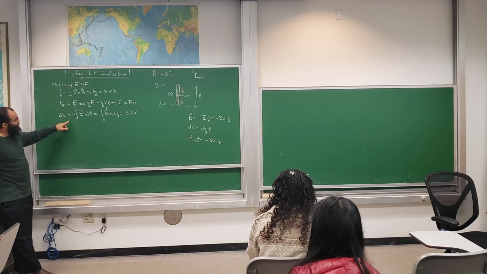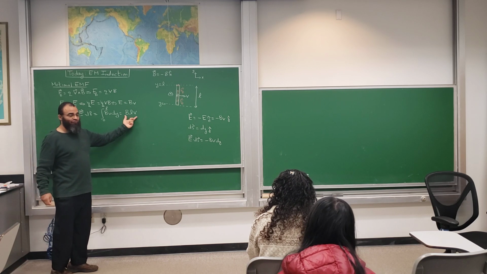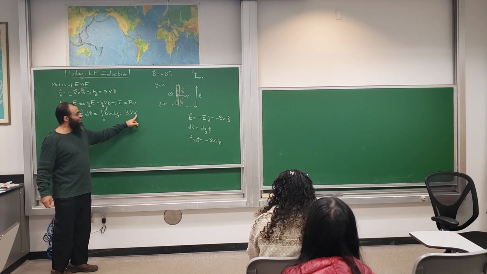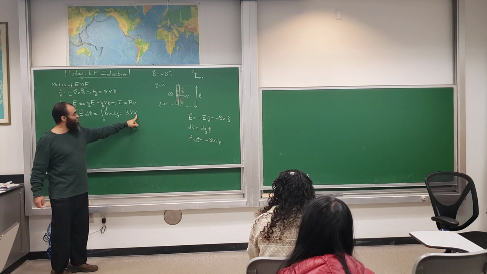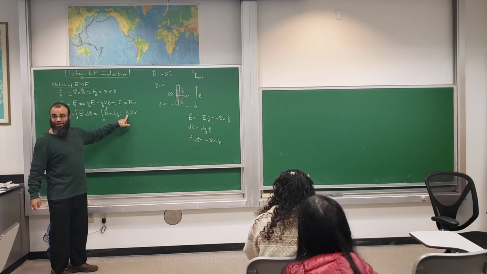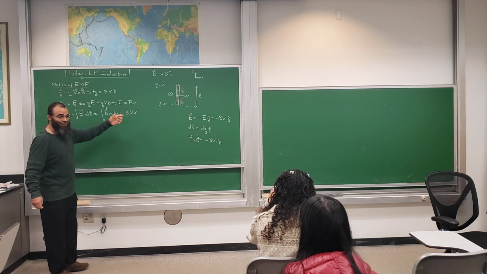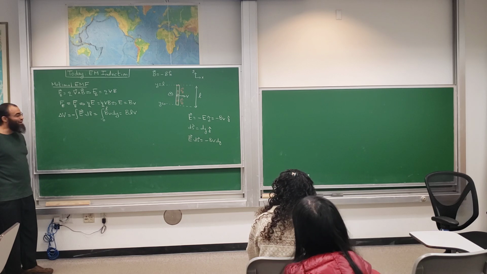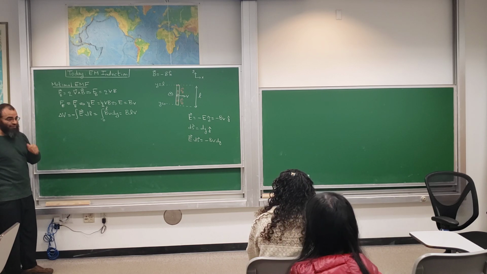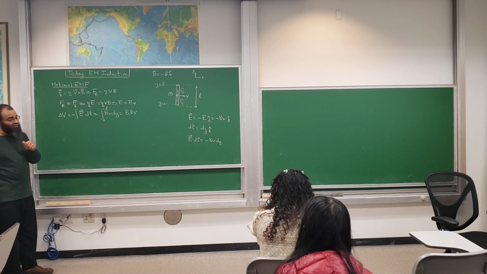And the potential difference of that battery is this. If you want 10 volts, just run faster. Make v larger, or make the magnetic field bigger, and then you will have a stronger EMF, a stronger potential difference.